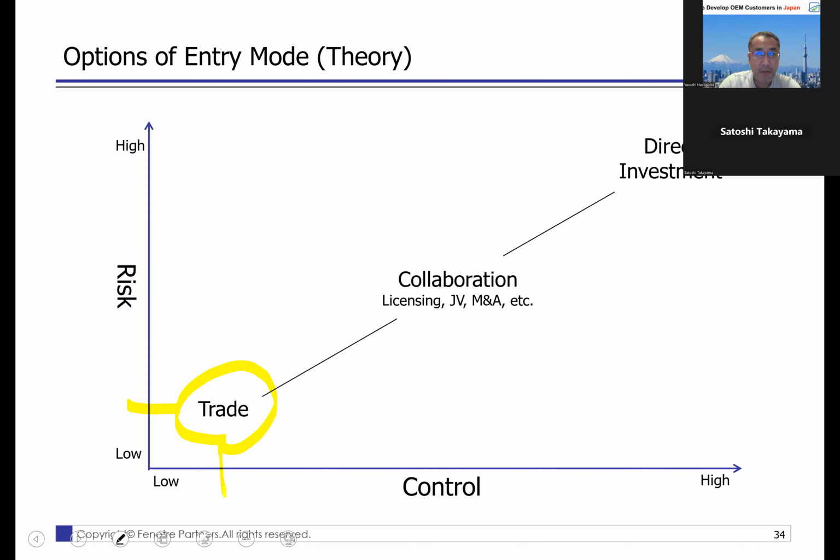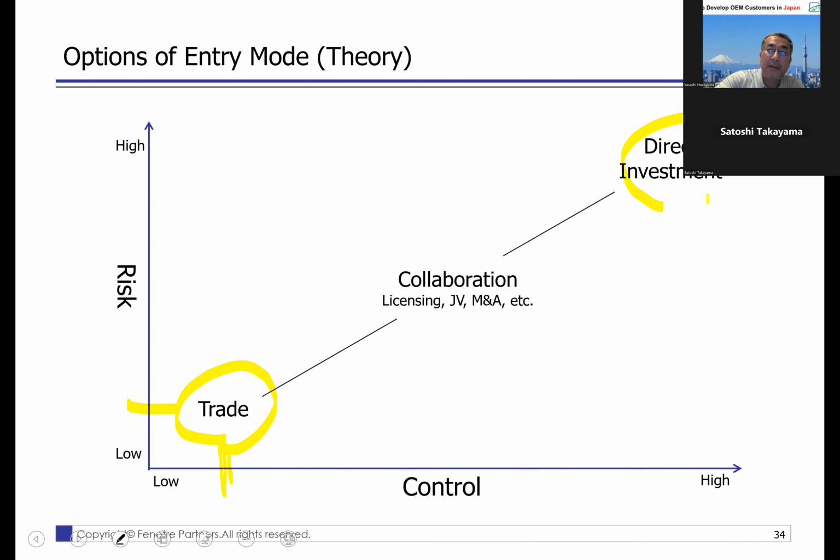And in Japan, or in a mature market, usually a distributor is selling hundreds or thousands of different products. They have no reason to promote a particular product. So if they think it can be sold well, they may make some effort to promote your products, but usually they don't make a lot of effort. So you can't control well.